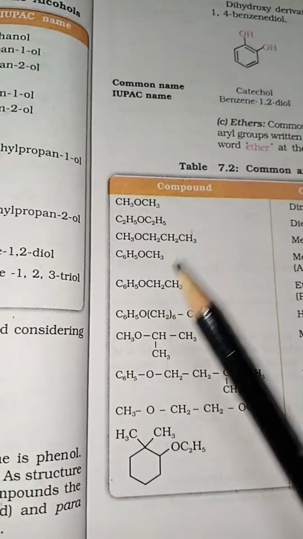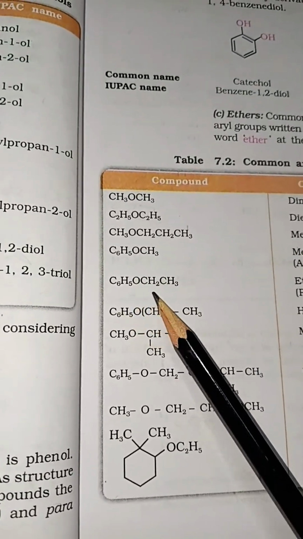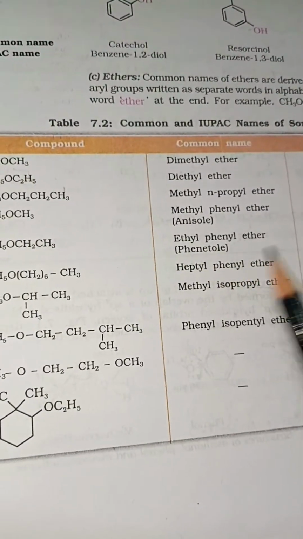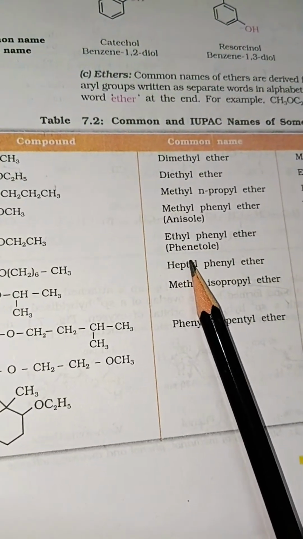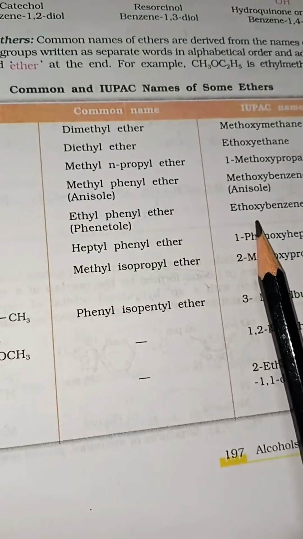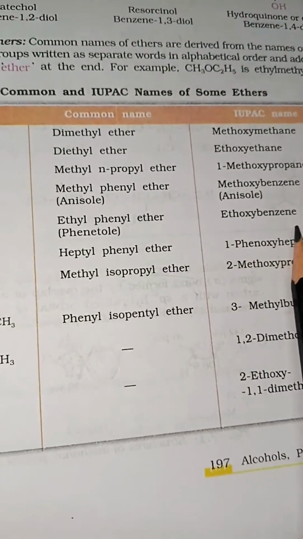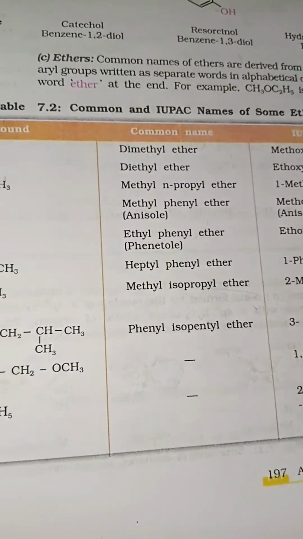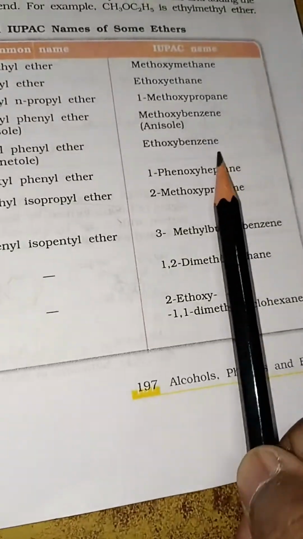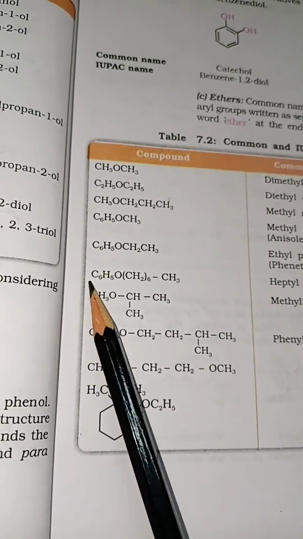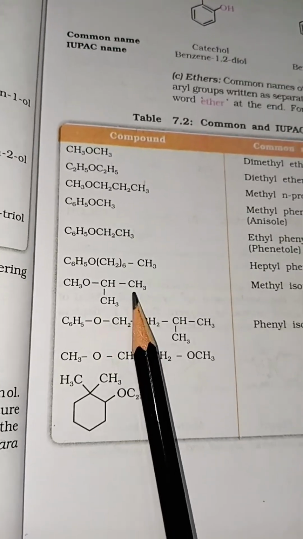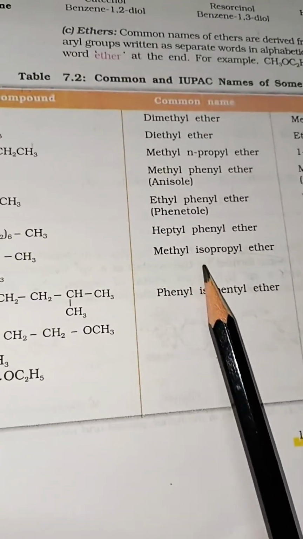See, C2H5OCH2CH3, ethyl phenyl ether, that is phenetole, and the IUPAC name is ethoxybenzene. Ethoxybenzene, very important. You need to see carefully. See, CH3O, a single CH2, a single CH3, and here is also a single CH3.